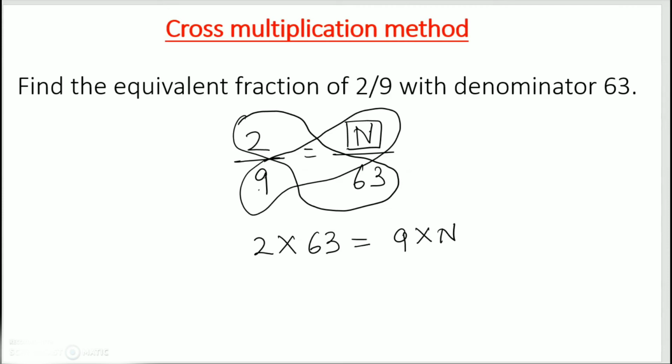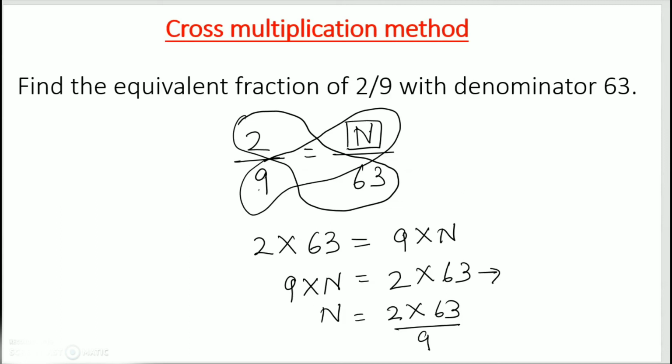And now I can also write this as 9 times n equals 2 times 63. Now from this step also it can be done in two ways. 9 times n, either you can take n equals 2 times 63 divided by 9, and then 9 ones are 9, 9 sevens are 63. You get 14.